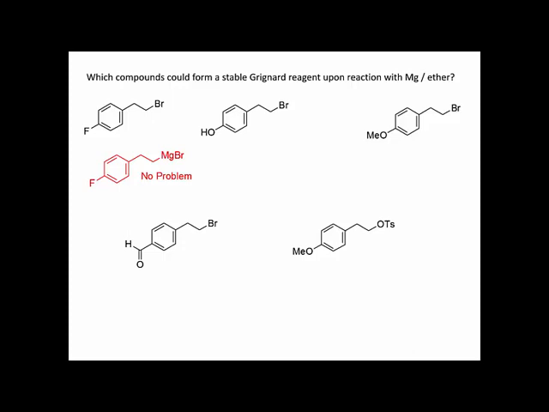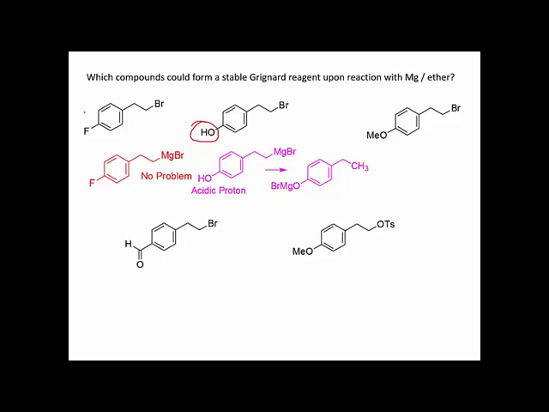All right, this next one has an active OH group. We cannot make a Grignard reagent here. This is because of the presence of this acidic proton. We'd see that our Grignard reagent would spontaneously react with the hydrogen that's in the molecule. It doesn't necessarily have to react intramolecularly.